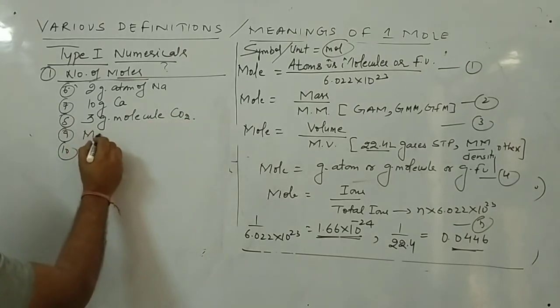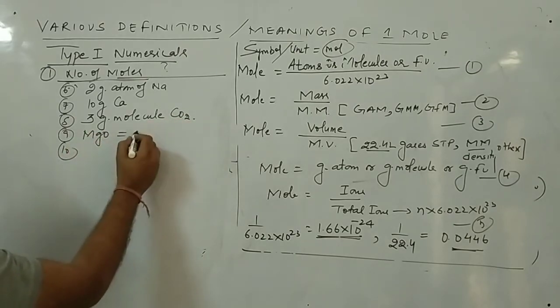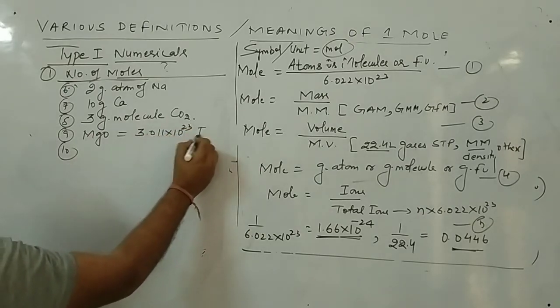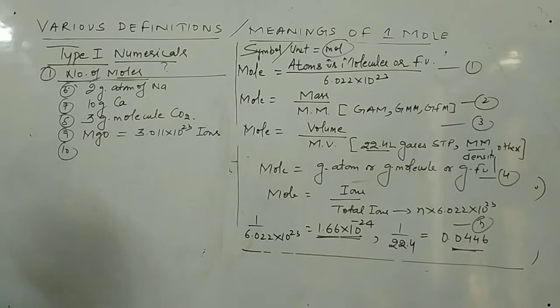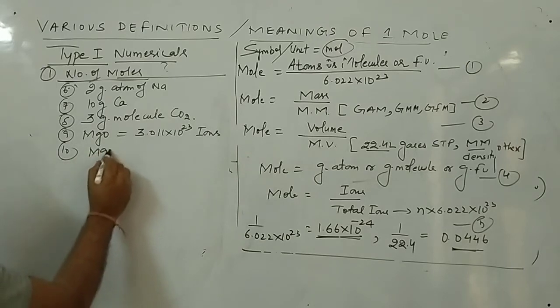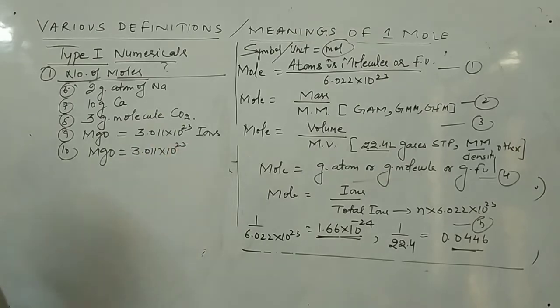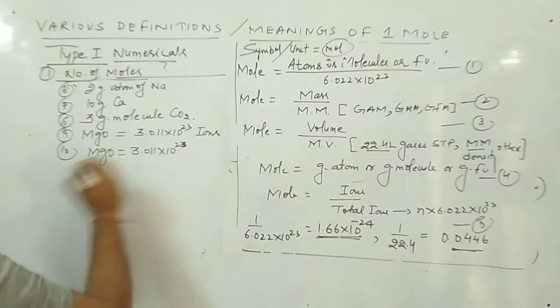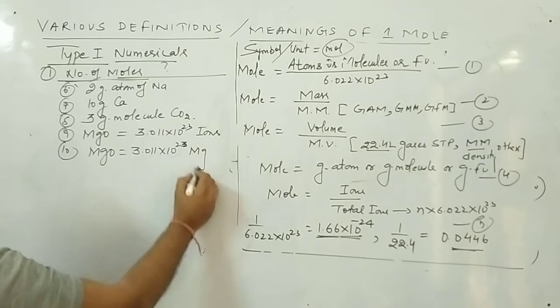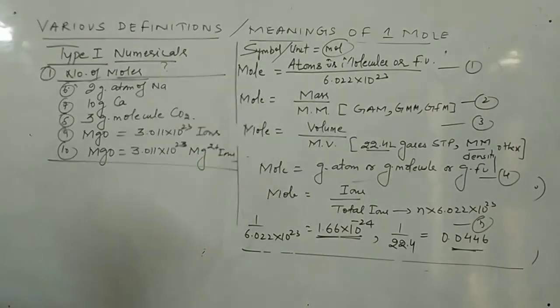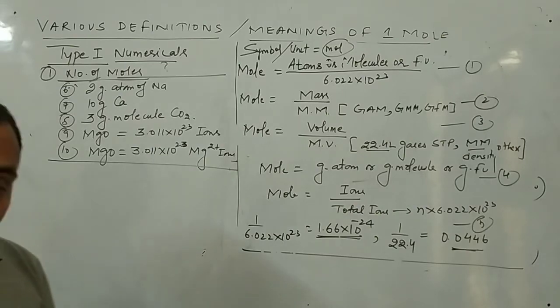Okay, MgO having 3.011 × 10^23 ions, and same MgO containing 3.011 × 10^23 Mg2+ ions.